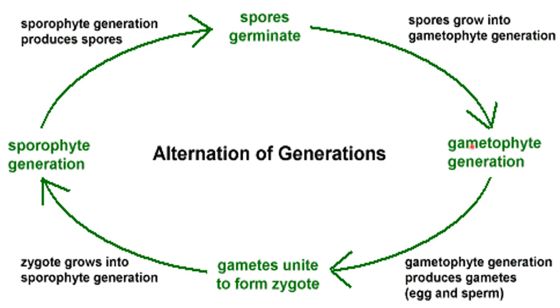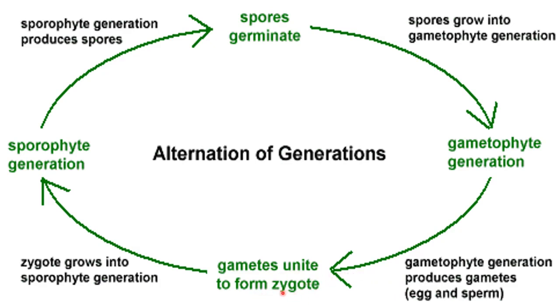Now this gametophyte generation produces gametes, and that's why we call it gametophyte generation. Gametes means egg and sperm, or you can say male and female gametes are produced by the gametophyte. Now these gametes get fused and form the zygote.